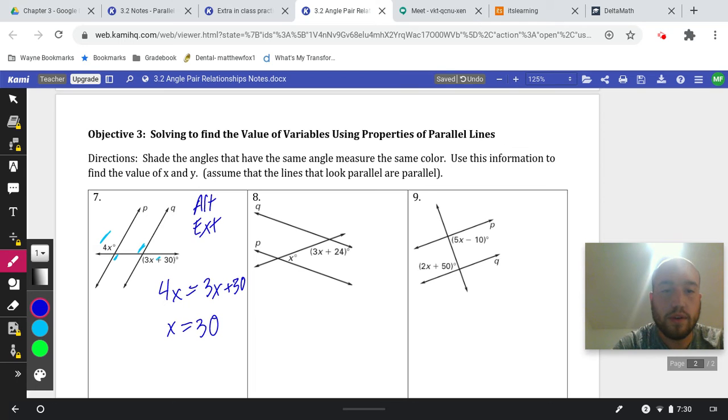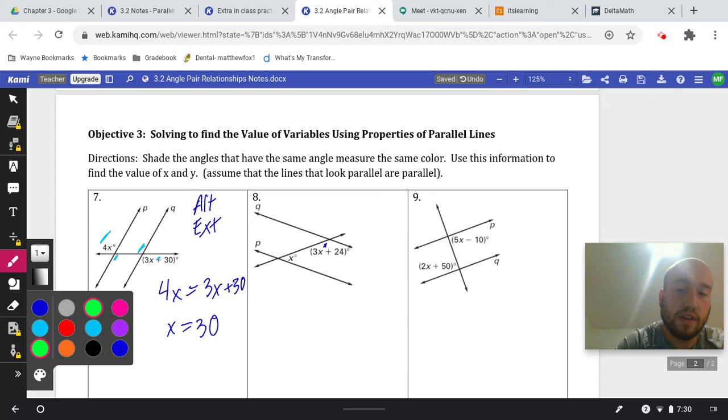Okay, the next one. These two angles are actually not the same because they are what we call same side interior or consecutive interior. So if they're same side interior, that means they're supplementary.